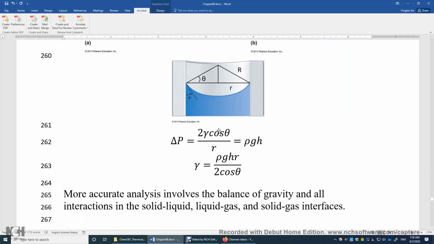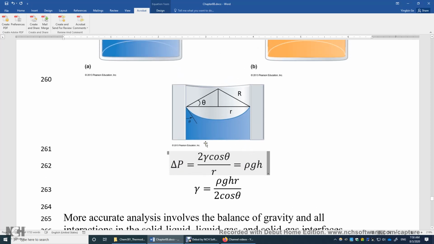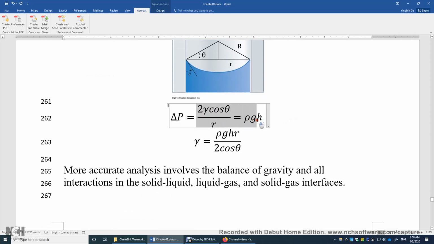There's also a way to compute the surface tension experimentally. So let's say we have a capillary tube, and then we form this meniscus, and then we have this pressure difference, this rho g h. This is caused by the surface tension, so we have this equation.